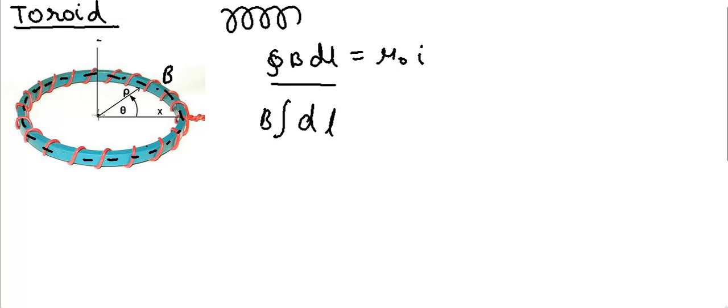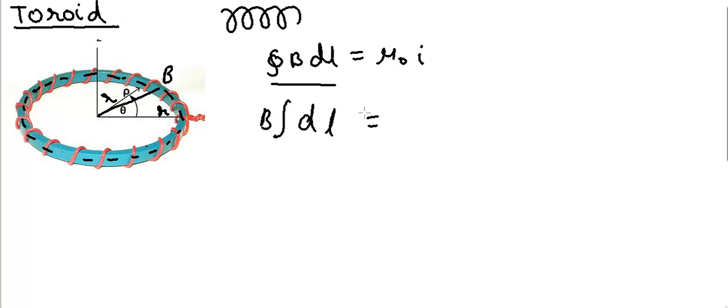Let me say the central radius of this toroid is r. In this figure it is written x, but let me call it r. So this is equal to mu naught I.